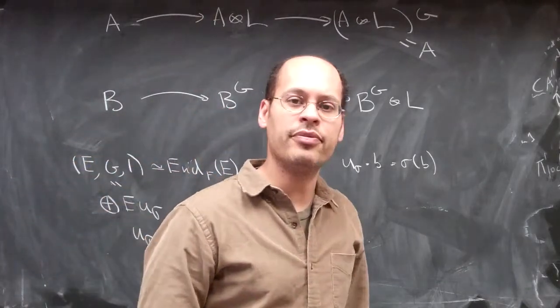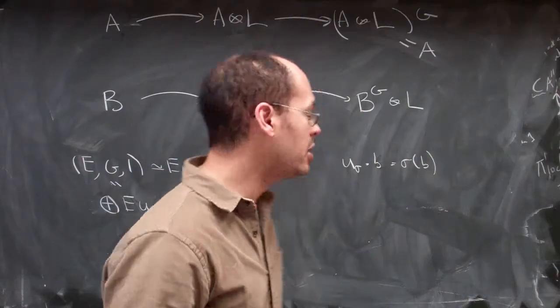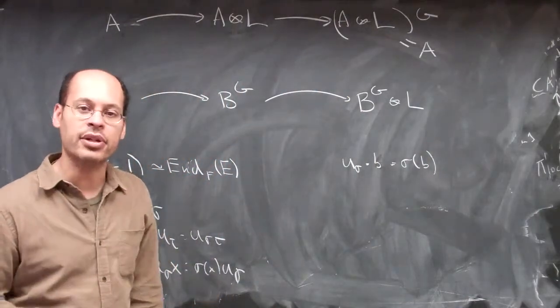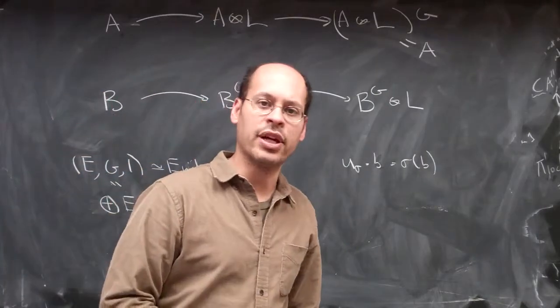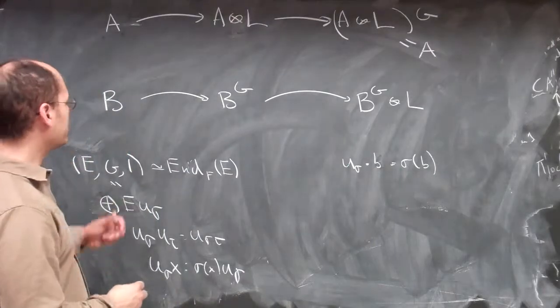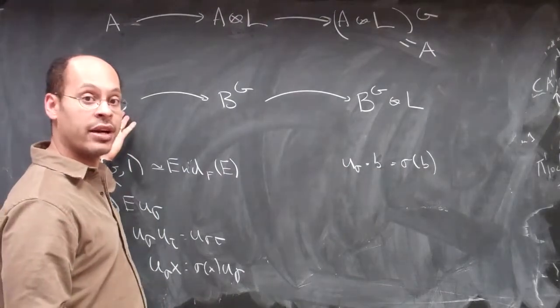Let's start by forgetting about the algebra structure and just thinking about these as vector spaces. So pretend we're stating the exact same theorem, but not for algebras, but for vector spaces. So how does the explanation go then? Well, we start with some vector space B, together with a semilinear action.